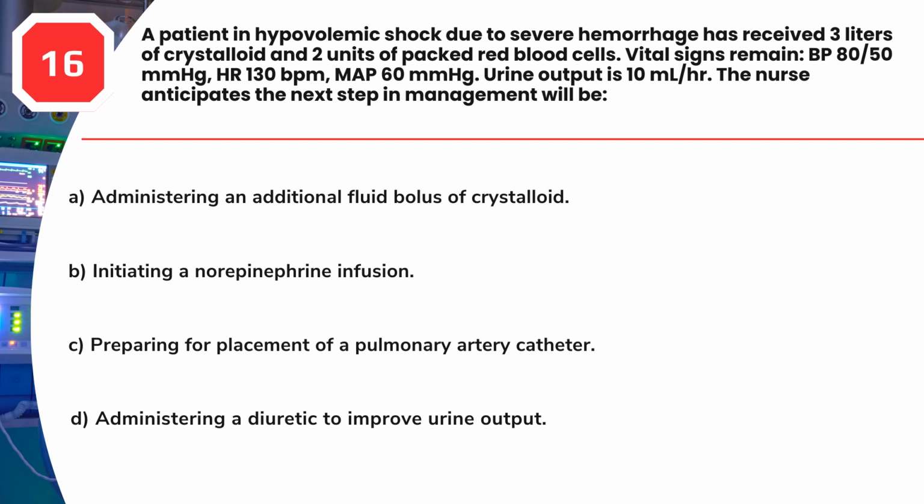The nurse anticipates the next step in management will be: A. Administering an additional fluid bolus of crystalloid. B. Initiating a norepinephrine infusion. C. Preparing for placement of a pulmonary artery catheter. D. Administering a diuretic to improve urine output.